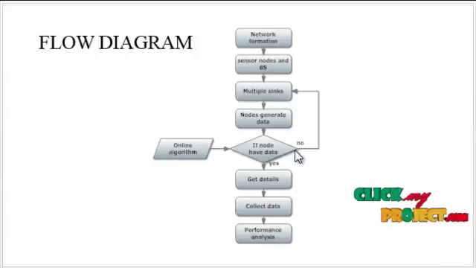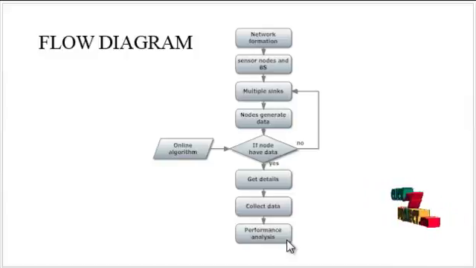If the nodes have no data, the sinks are transmitted to the locations to gather data from the nodes which have data. Finally, the performance analysis is processed, in which the existing work is compared with the proposed system in terms of its performance metrics.